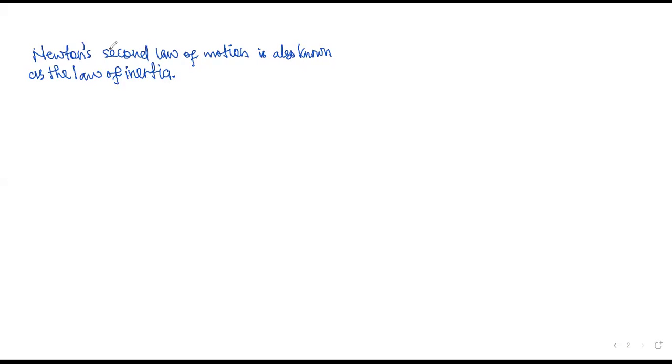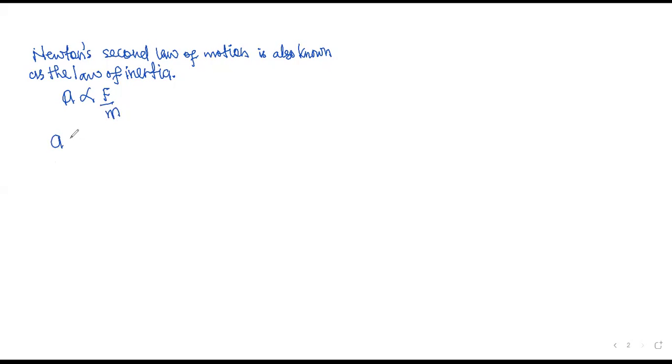So when there's an applied force, the body will accelerate. How then can we measure the acceleration? It is from this that we have the relation that the acceleration is directly proportional to the force and inversely proportional to the mass.